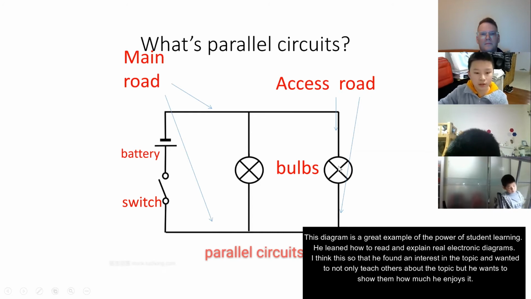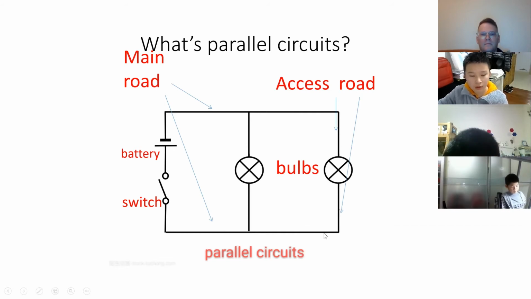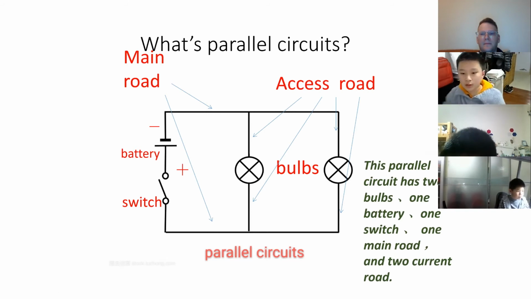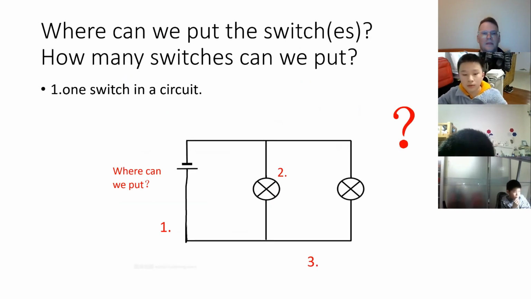This parallel circuit has two bulbs, one battery, one switch, one main road, and two access roads. So where can we put the switch, Jerry?